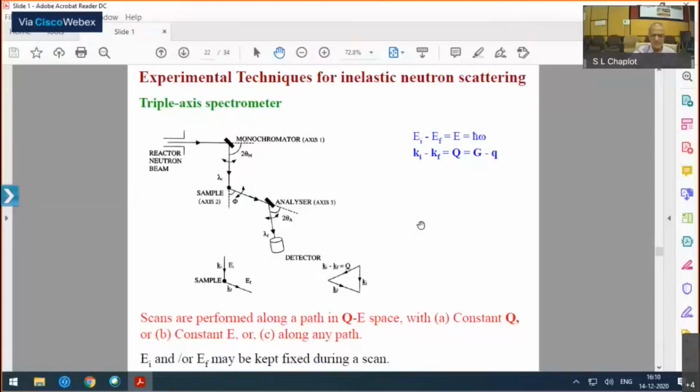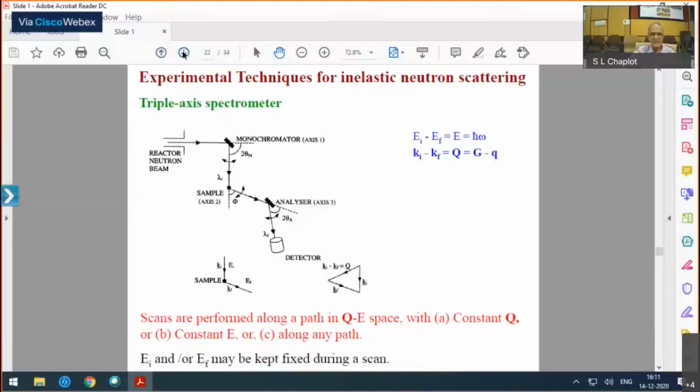Except for some highly scattering compounds containing, for example, hydrogen atoms. So typically for hydrogenous materials, the thickness that we use will not be 5 millimeter, but 1 millimeter or even smaller at times. So that's very relevant about the sample thickness.